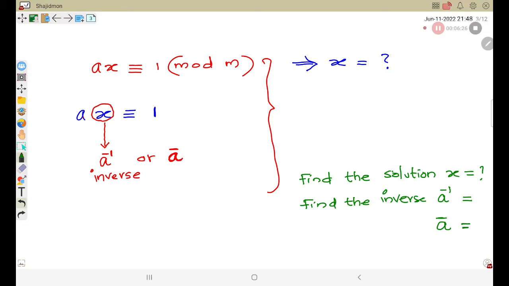So these three symbols, x or A inverse or A bar, all represent the same value we are calculating in the linear congruence. This is the main idea: what is the x value, or the A inverse, A bar or A dash value.